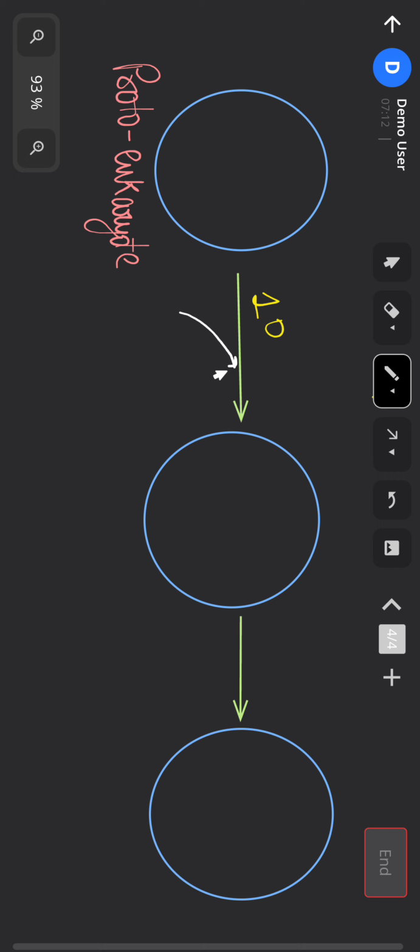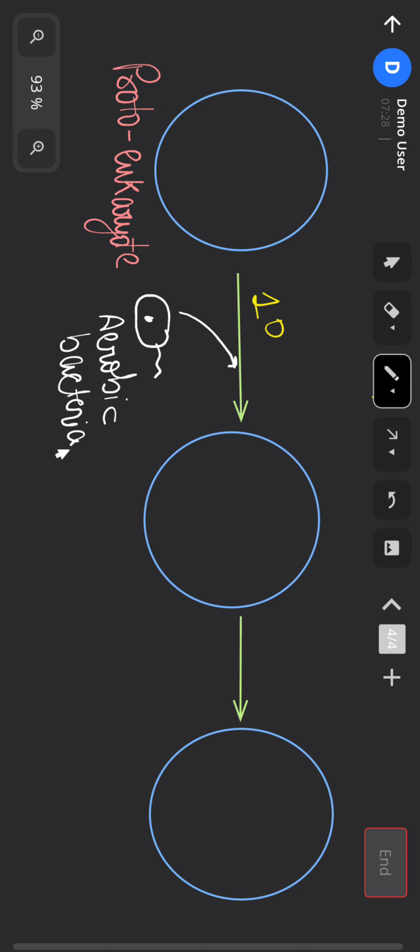Okay, now I'll show you why. So this is an aerobic bacterium, and it is also proved that this aerobic bacterium can be Rickettsia. Modern day Rickettsia can be related with this bacterium, which in the past invaginated the proto-eukaryotic cell.